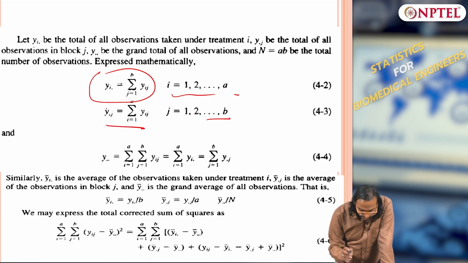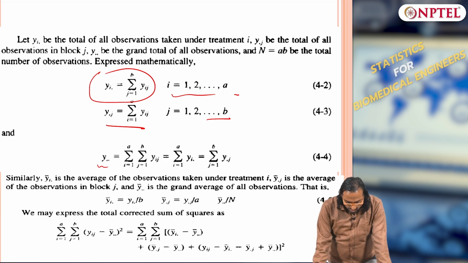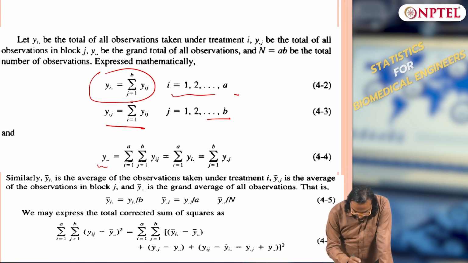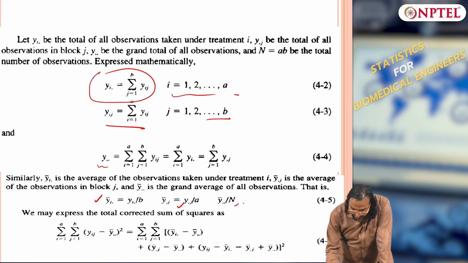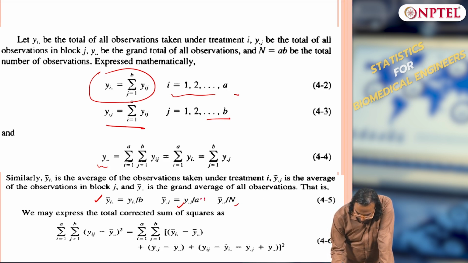And y dot dot is the entire summation, the total sum. You have the average of treatment, which is y i dot divided by b, the average of the blocks, y dot j divided by a, and the total average is y dot dot divided by capital N, where capital N equals a times b.